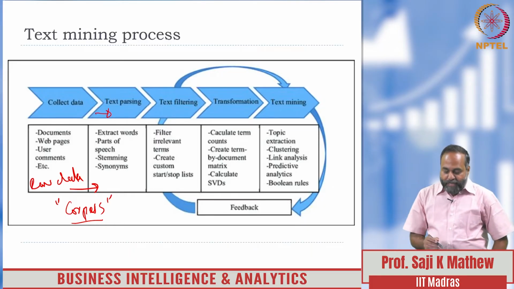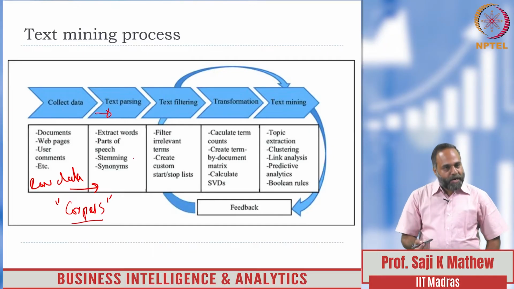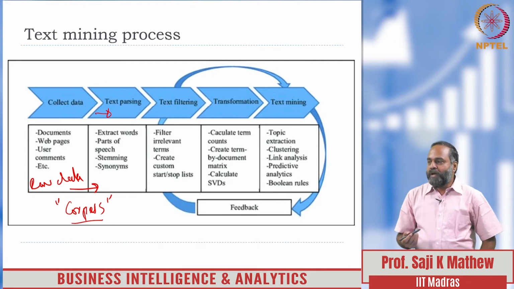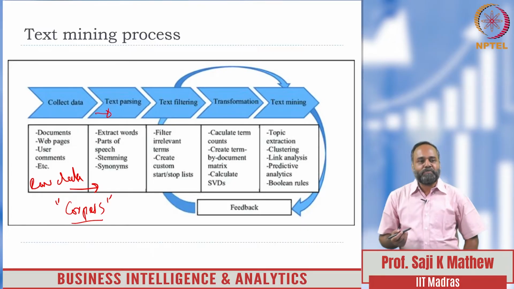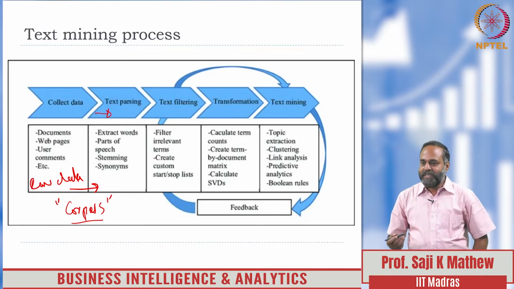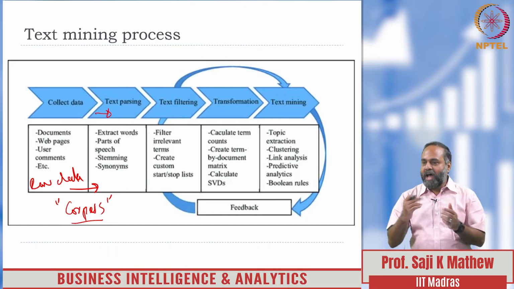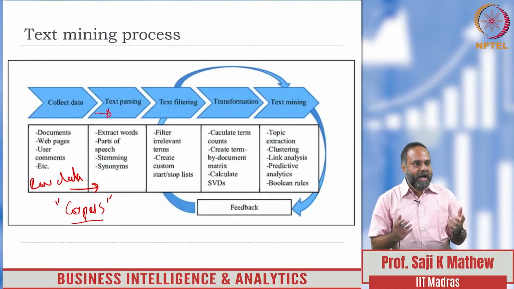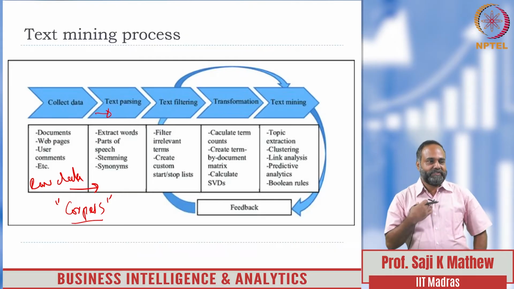Then there is a step called text parsing, where you can identify the parts of speech, or POS, of the text. What are parts of speech? That is a very elementary question. In school you have learned parts of speech of a sentence. There is a subject, an object, and a lot of words that make the connection between words, like "I am teaching": the "am" is a connector between what I do and who does it.